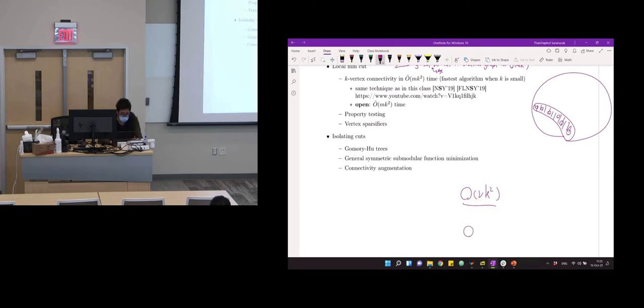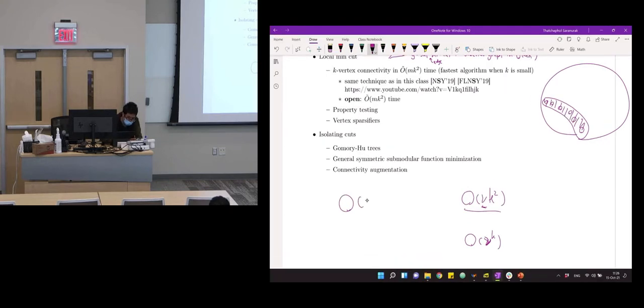And there are some algorithms in the literature that take this much time, which is not good enough, right? Because the running time that we need is, we call the local algorithm this many times, and each time we spend nu k squared. So at least the dependency on nu should be linear, right?